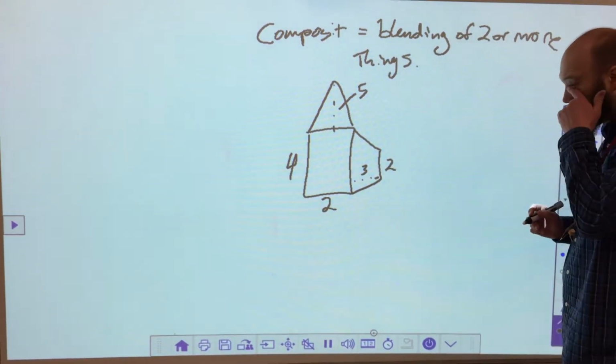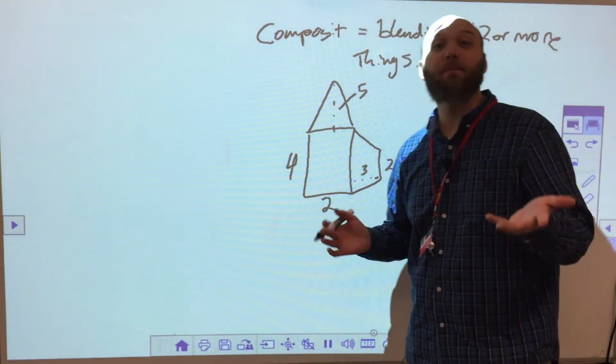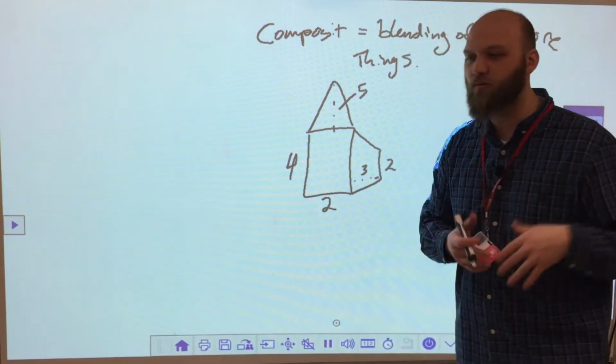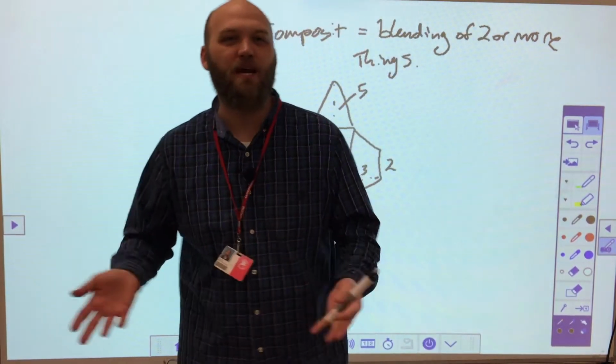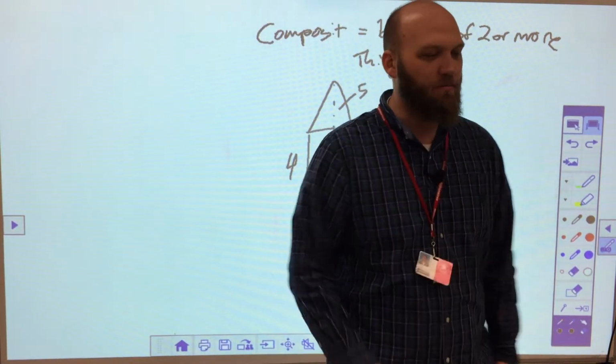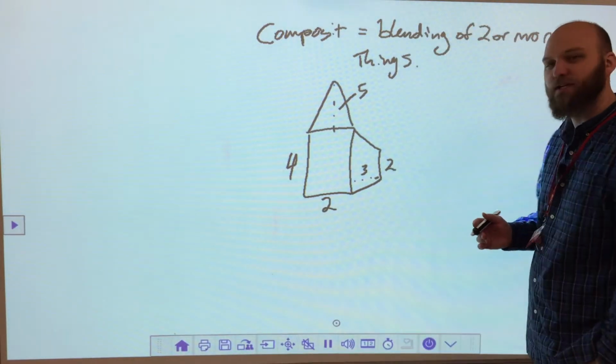Okay? So what I end up with is a really kind of an odd shape, right? And maybe this is a cardboard rocket ship that Mr. W is making because at the end of the day, sometimes nothing beats sitting at home playing in a make-believe rocket ship with my kids.